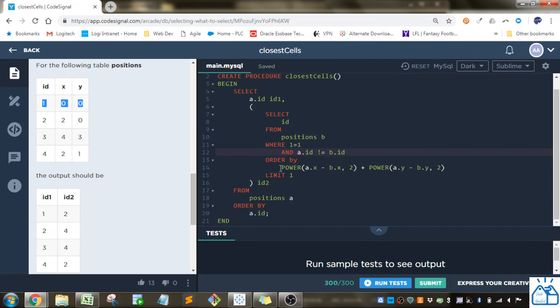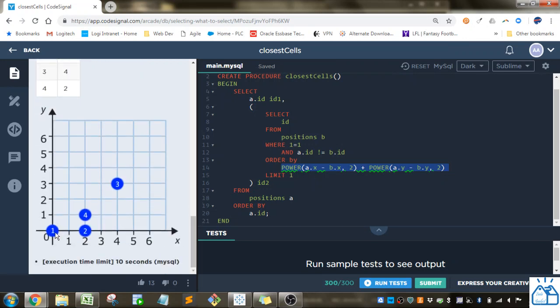And then we're going to order by, so if you remember how to do the distance between XY coordinates, you take the X coordinate minus the X coordinate, and you take it to the second power, and then plus Y coordinate minus the Y coordinate taken to the second power, all under the square root.